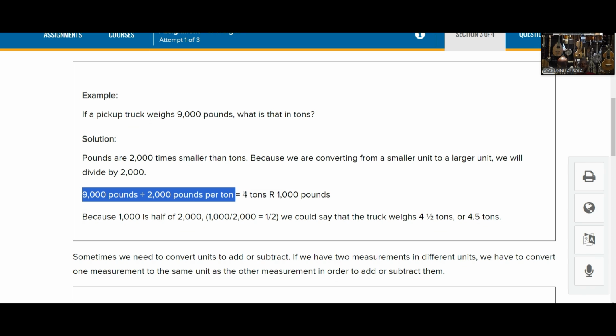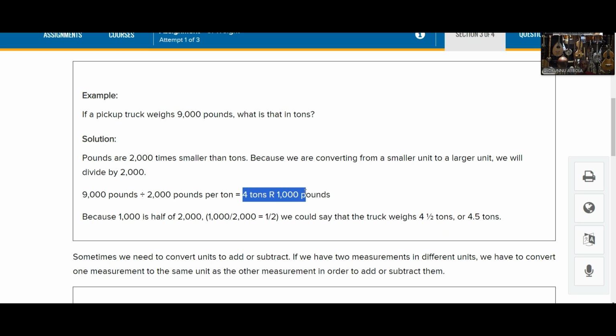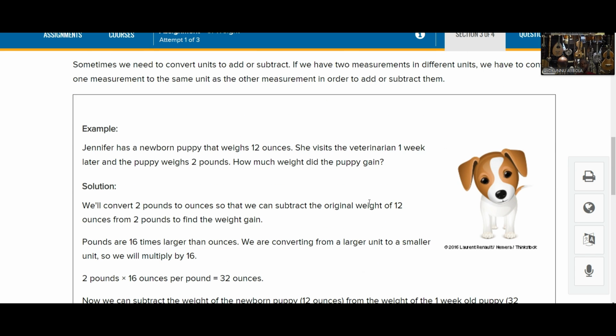Then this will give us 4 tons, remainder 1,000 pounds, or 4.5 tons. Okay, 4.5 tons.